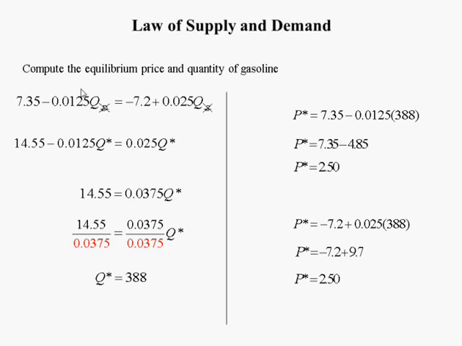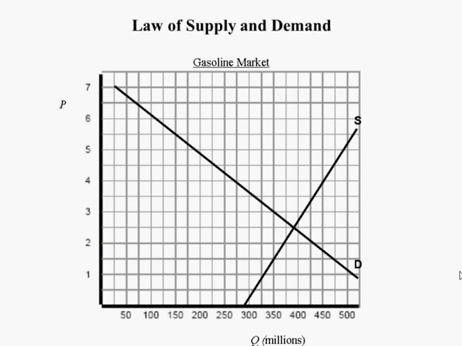So when we set them equal to each other, we're assuming the prices are the same. So these two prices should be the same. Okay? So the equilibrium price is $2.50, and the equilibrium quantity is 388 million gallons of gasoline per day. And at this price, we say the market clears.